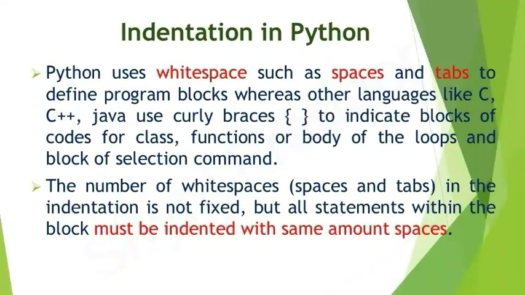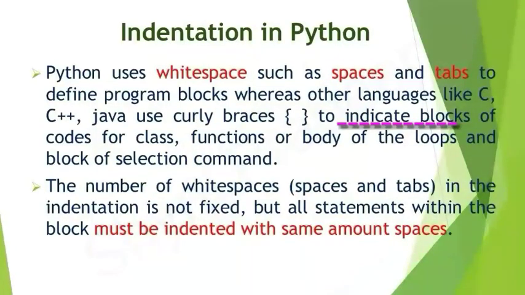For example, in a C program, we are going to create a function. This is the function. Within the function, you have to write block of codes, that means block of statements. Here you have to write these statements within these curly braces. But in a Python program, suppose you are going to create a function. This is a function.